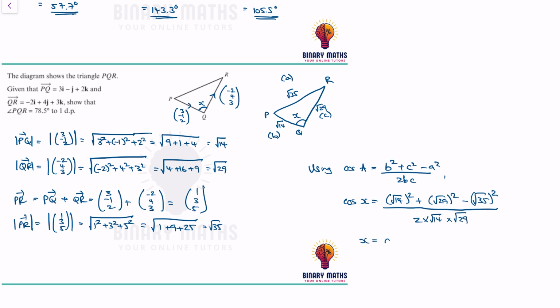So X will be equal to inverse cos of 14 plus 29 minus 35 over 2 times root 14 times root 29. Now, if we put that into a calculator, we get the answer 78.5, which is what we're trying to get.